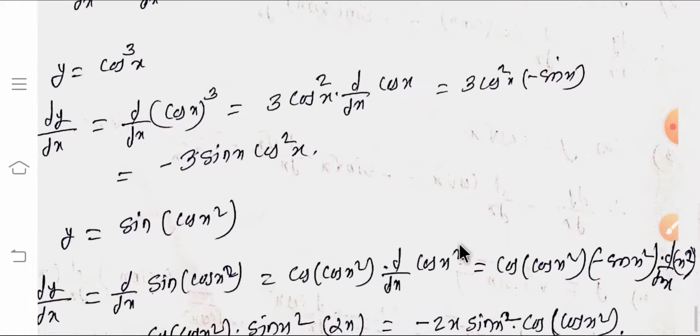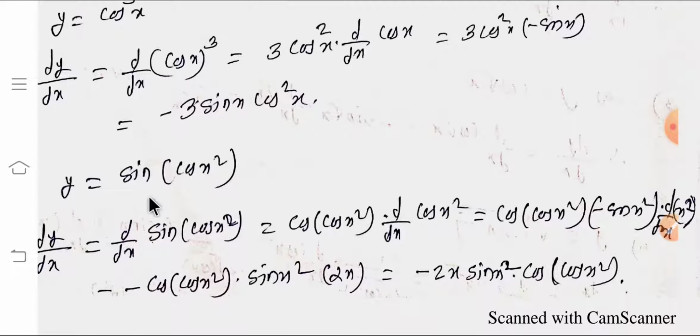Hence the solution. Next example, if y equal to sin(cos x²), then find dy/dx. dy/dx is d/dx of sin(cos x²). The derivative of sin is cos, so cos(cos x²). Again the derivative of cos x² is minus sin x² into the derivative of x², because it is not x.